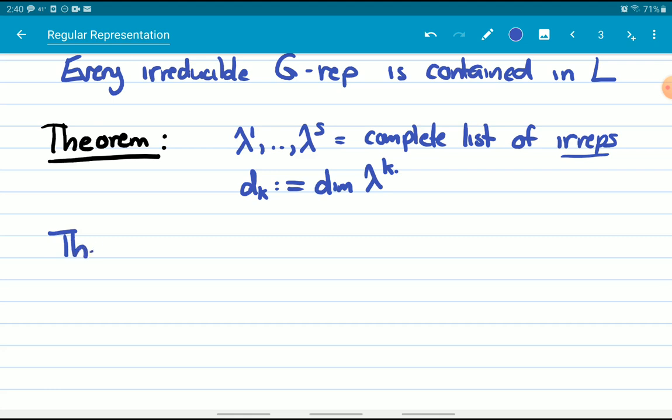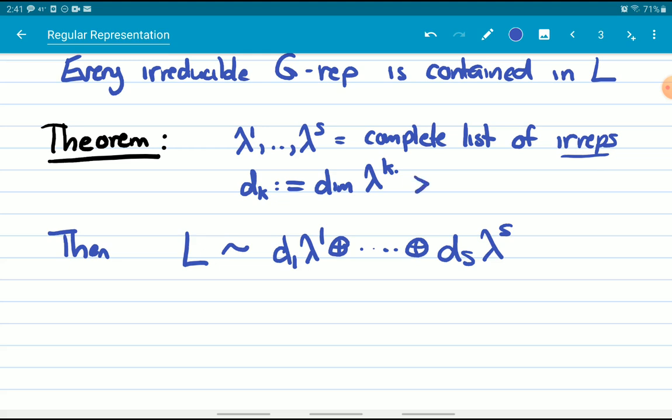Then we have the following decomposition of the regular representation. It's equivalent to d1 lambda 1 direct sum up to ds lambda s. The multiplicities of the irreducibles in the regular representation are equal to their dimensions. That's a great fact because dimensions of irreducibles are always positive.